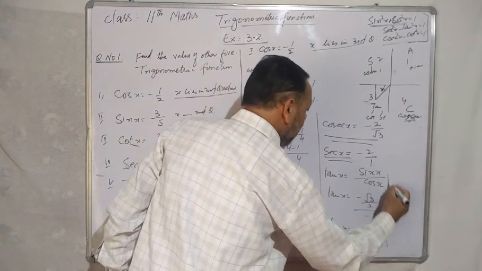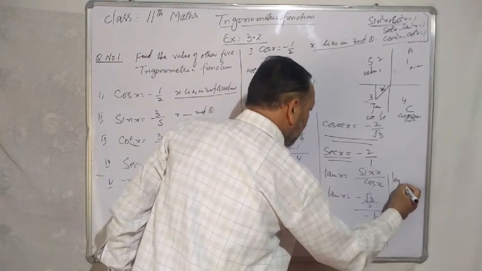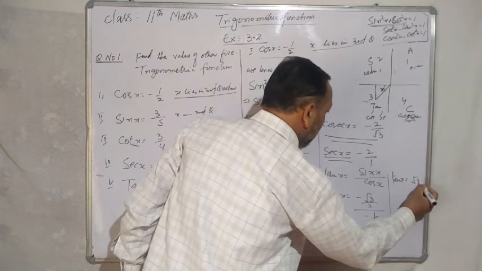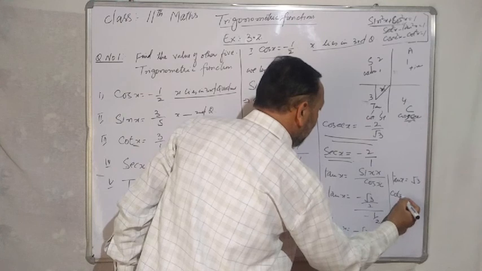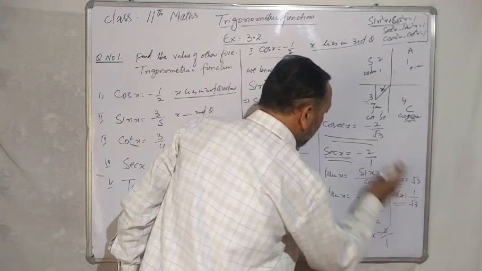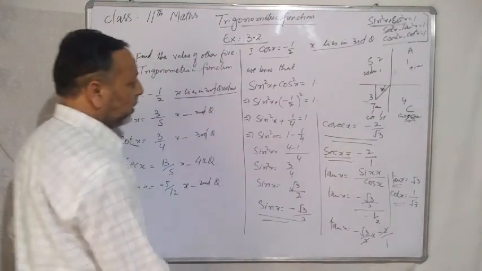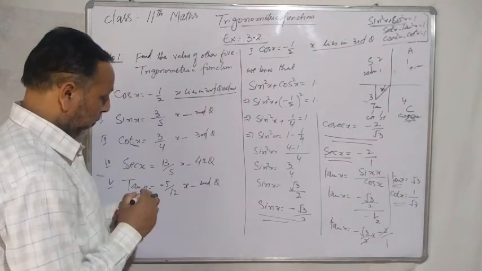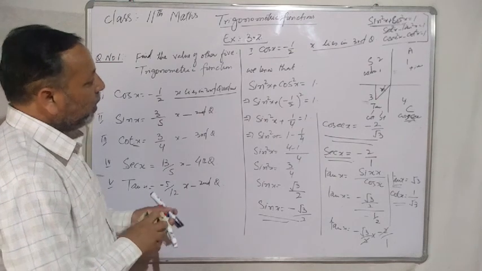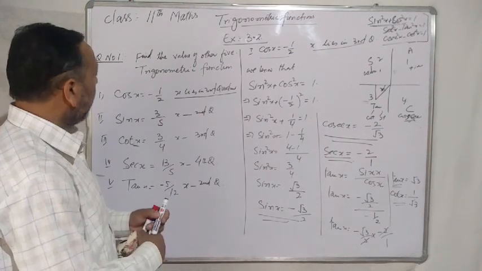It means that tan x is equal to root 3. And cot x, the inverse of tan x, is 1 by root 3. So these are the other 5 trigonometric functions we have calculated here. I hope you understand. You pause the video and note it down. Let's move to second part.